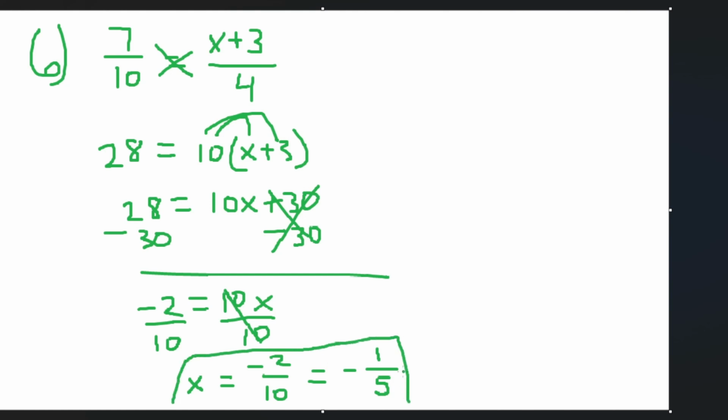So this would be your answer. And negative 1 over 5, if you wanted to write it as a decimal, is the same as negative 0.2.